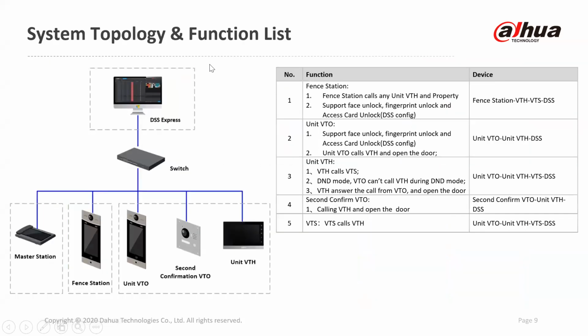Then system topology and function list. We find DSS Express, switch, master station, fence station, unit station, second confirmation VTO, unit VTH.